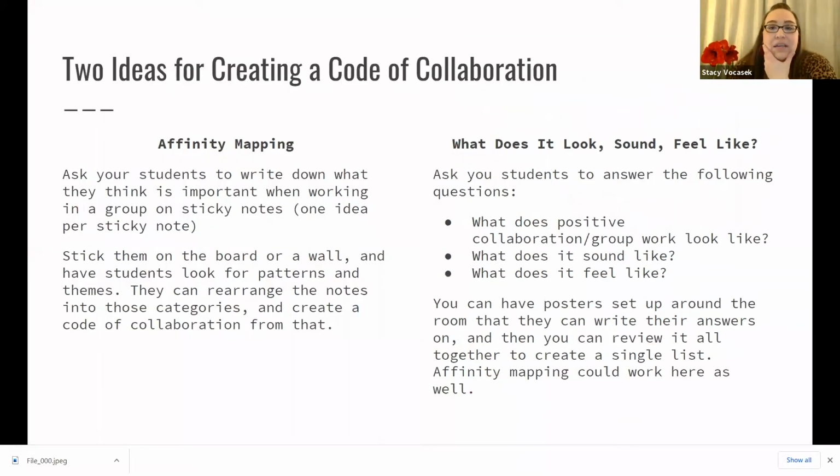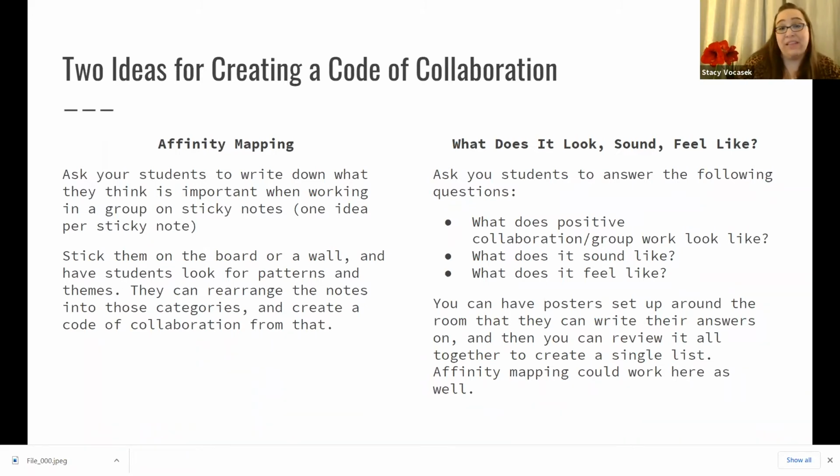So a couple ideas that you can try that you could probably get done in those 20 minutes or in that morning meeting. You can try affinity mapping, which is asking kiddos to write down what is important. They can do that in a chat box, on a Jamboard, in a Padlet.